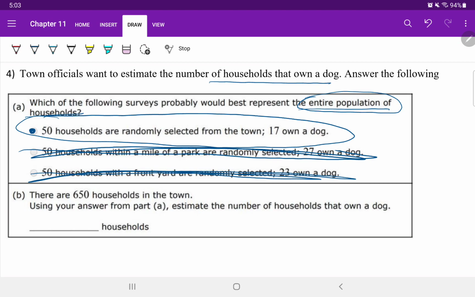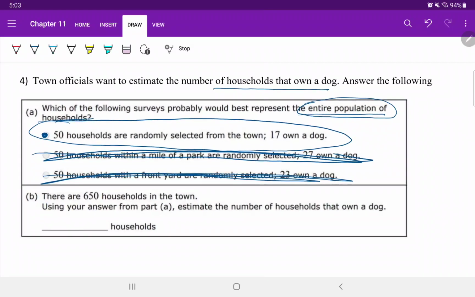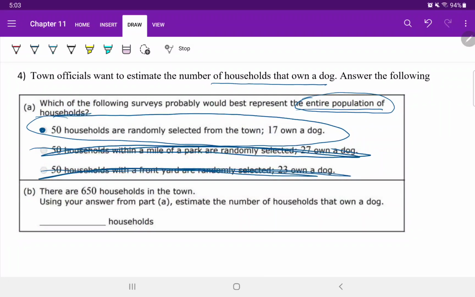Okay. There are 650 households in a town. Using your answer from part A, estimate the number of households that own a dog. All right. Now, we can do this several ways, but I prefer to set it up as proportions, two ratios, set them equal to each other. Now, out of the 50 households that we sampled here, 17 own a dog.